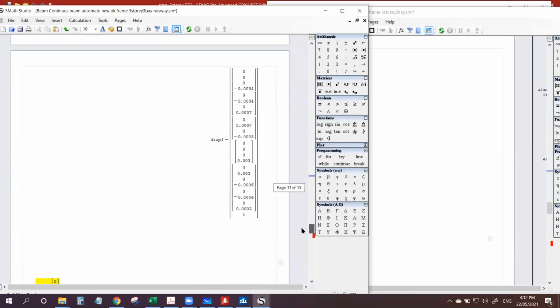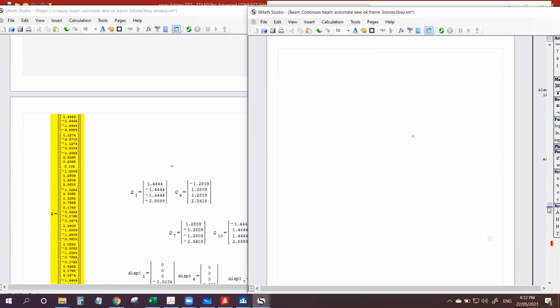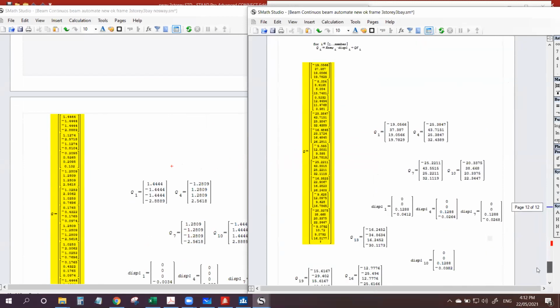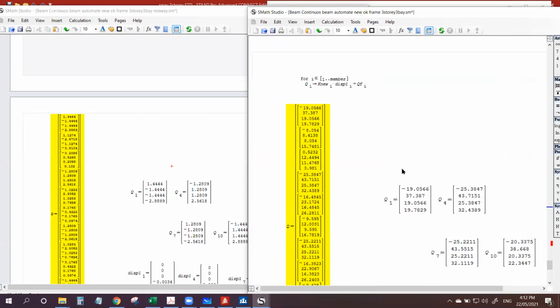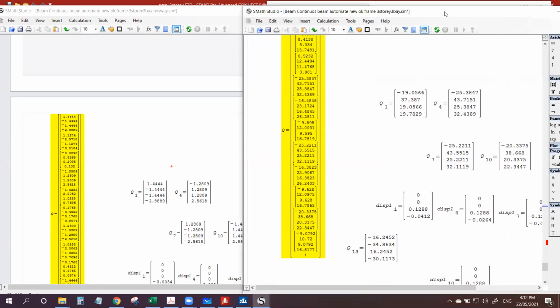For example, for member 1 here, the forces are this. Now for here, because we are now in sway and we have lateral load, this is my member force, 190566. So maybe I'll put it here.